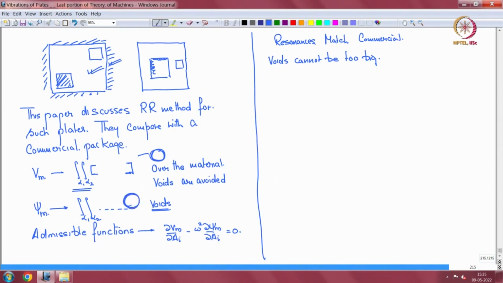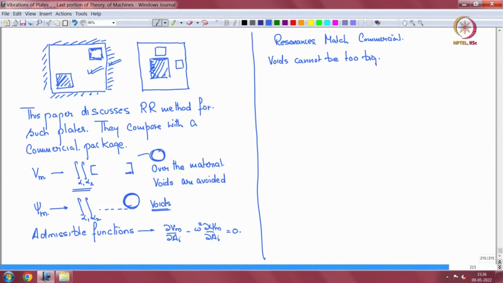So, it is okay if the size of the hole is small compared to the plate. But once the size of the hole or void becomes comparable to the size of the plate, then warping and all such effects come in, so you have to satisfy the inner free boundary condition over here. Your admissible function has to satisfy it, otherwise you won't capture it.